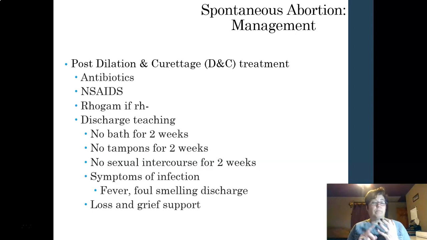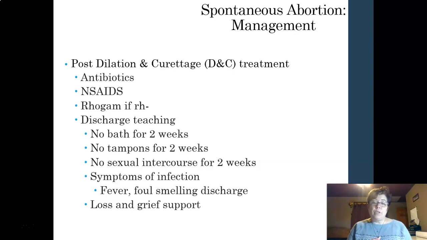No bathing, no tampons. For the bleeding, she needs to use sanitary pads. No sexual intercourse. Teach her signs and symptoms of infection. If she starts to develop a fever, she will have some bloody discharge for a few days. It should not become foul smelling. And then, of course, we need to provide emotional support.